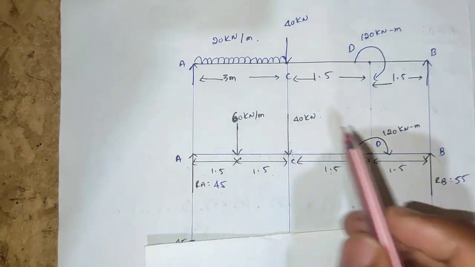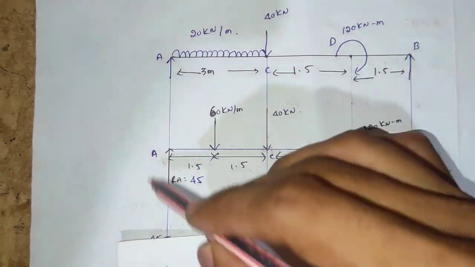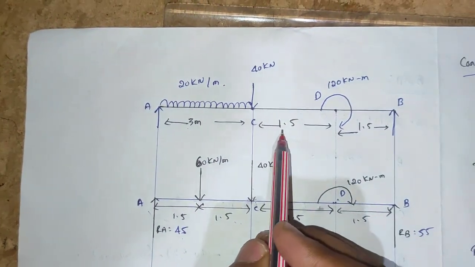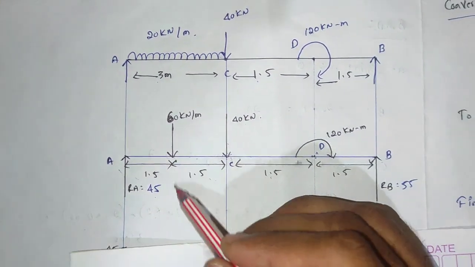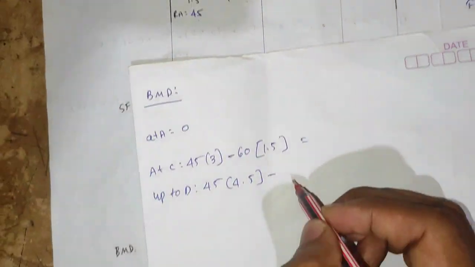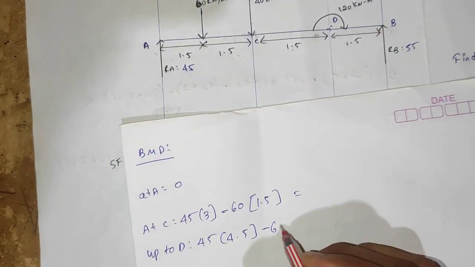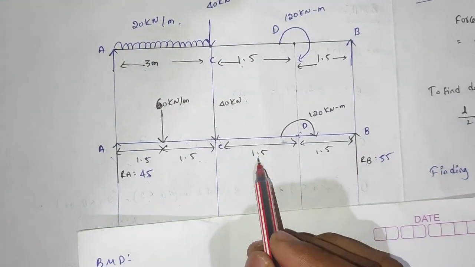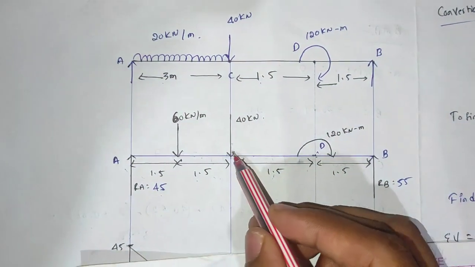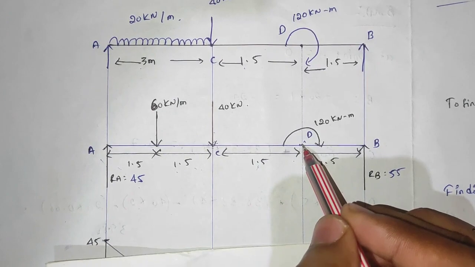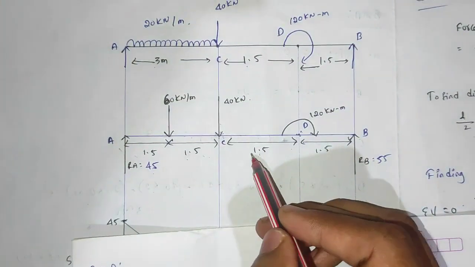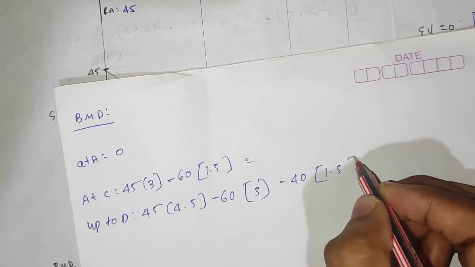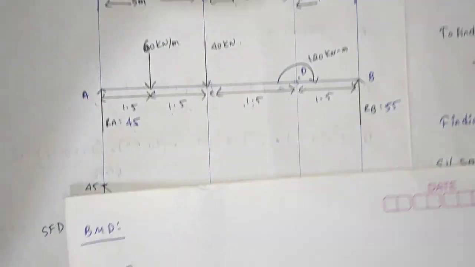From D this is anticlockwise, therefore minus value: minus 60 into the distance between them, 1.5 plus 1.5, 3, so minus 60 into 3. This is anticlockwise for D, that is minus 40 written at distance 1.5. Let it be. Next, up to D is done.